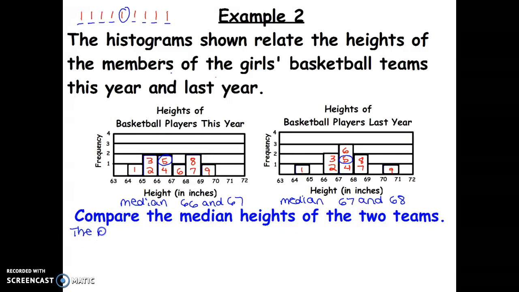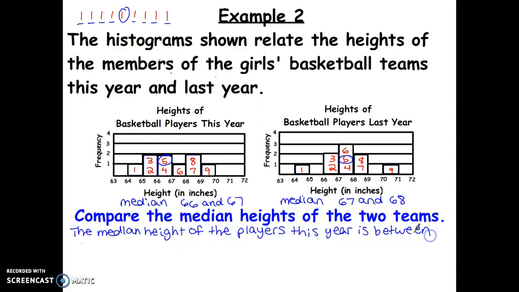So the median height of the players this year is between 66 and 67.